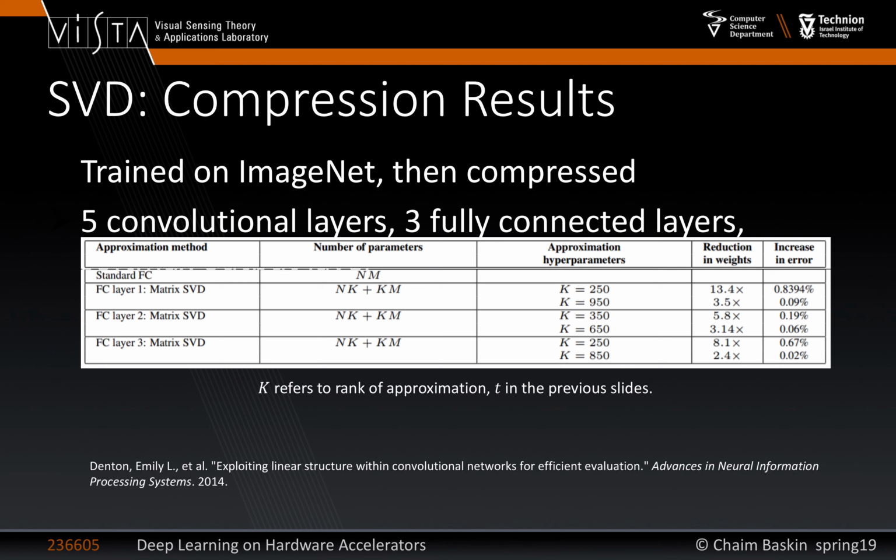As we can see here, using different k parameters, which is the rank of the matrices, we can reduce the number of weights by a factor of 13, while increasing the error by only 0.8. So with low degradation in accuracy, we achieve a huge saving in weights.